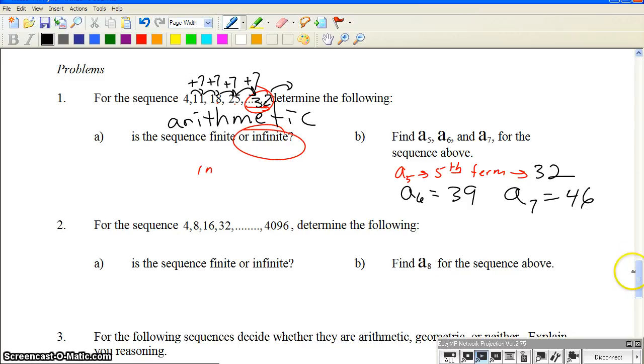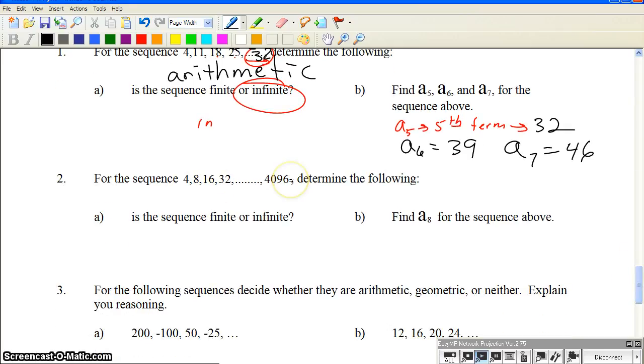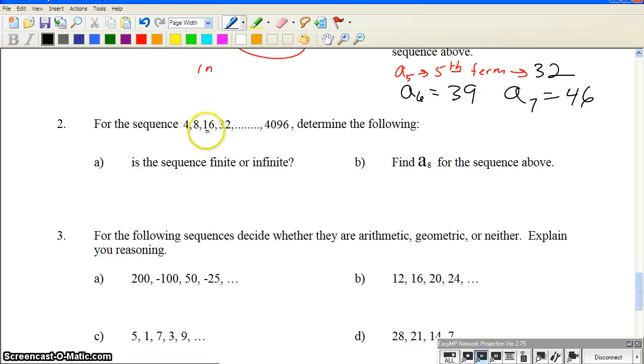Next problem. What type of sequence is it? By the way, can you identify that right away? It's finite, yep. Find a sub 8. So we want the 8th term: 1st, 2nd, 3rd, 4th, 5th. We've got to keep going, right? So what's the change in this pattern? Multiply by 2 each time.